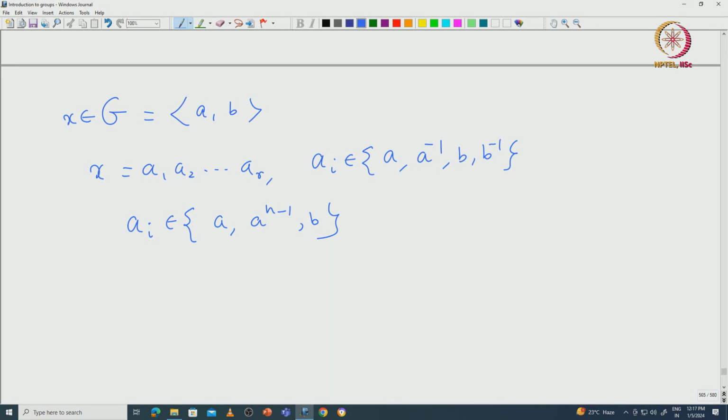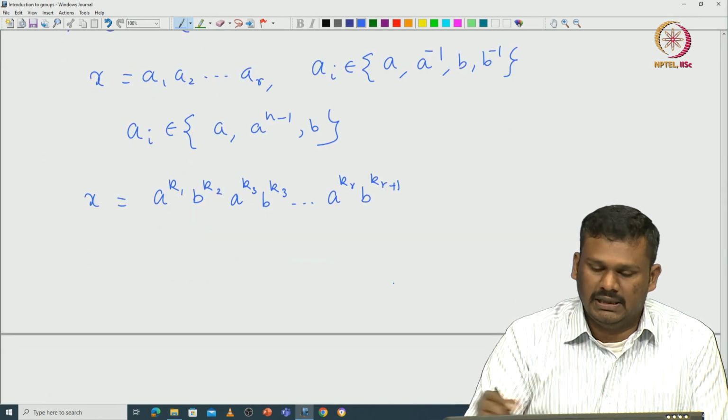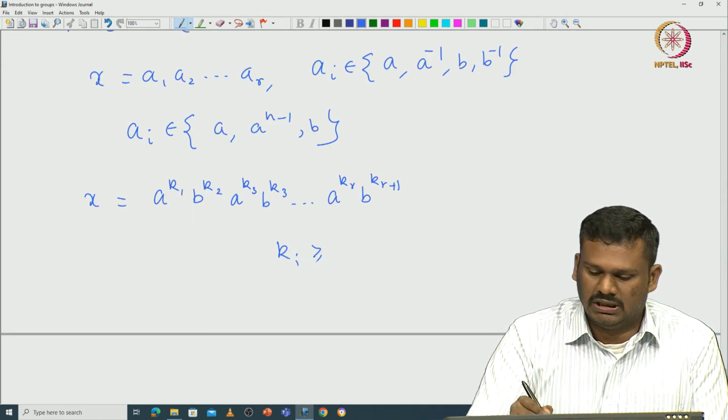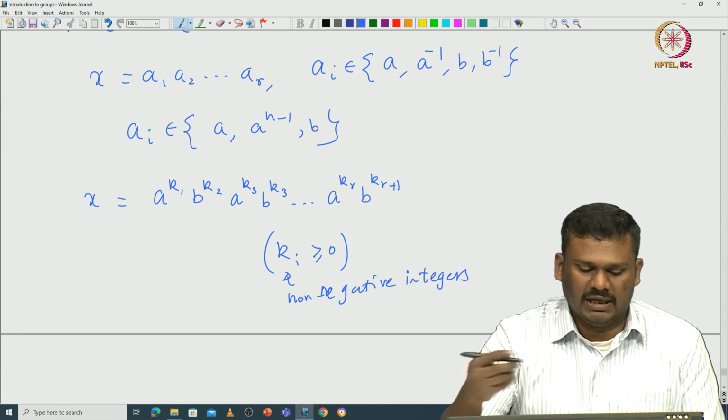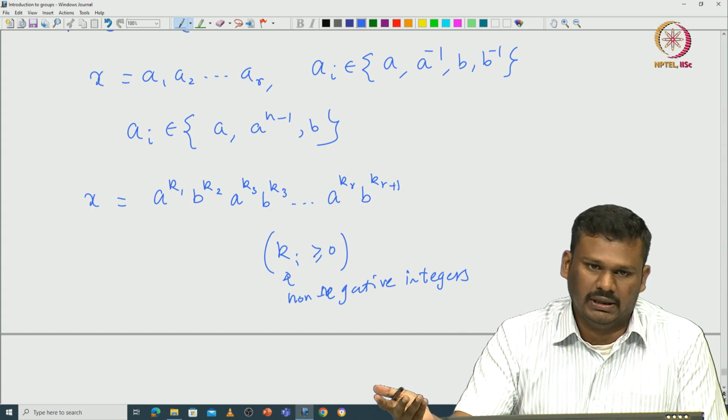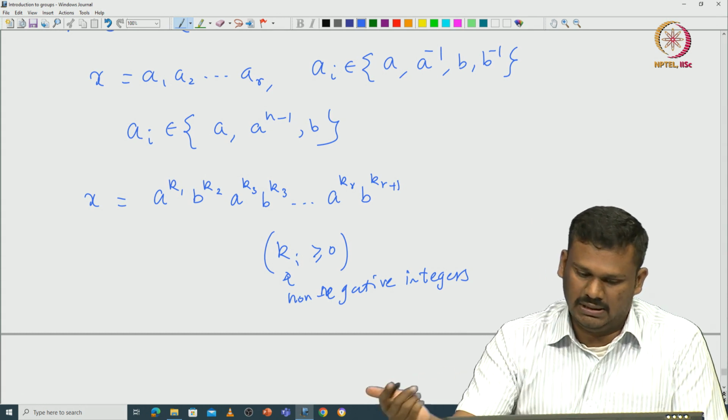So that means this x you can write as some a power k1 b power k2, a power k3 b power k3 and so on, some a power kr b power kr plus 1. And these ki can be just non-negative integers, because x is written as a product of all these ai.